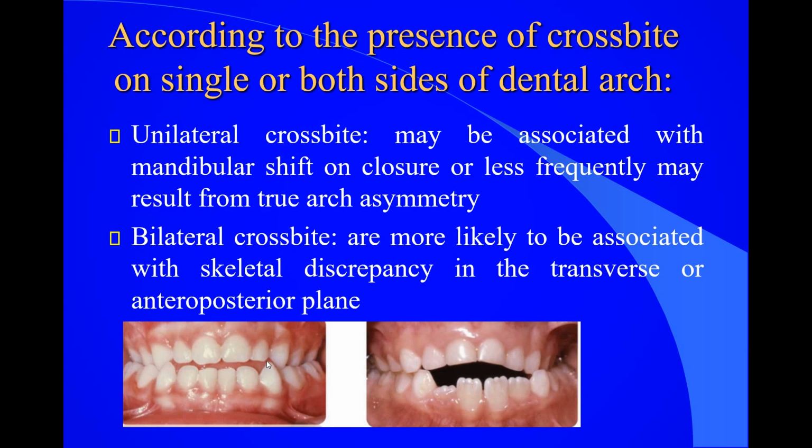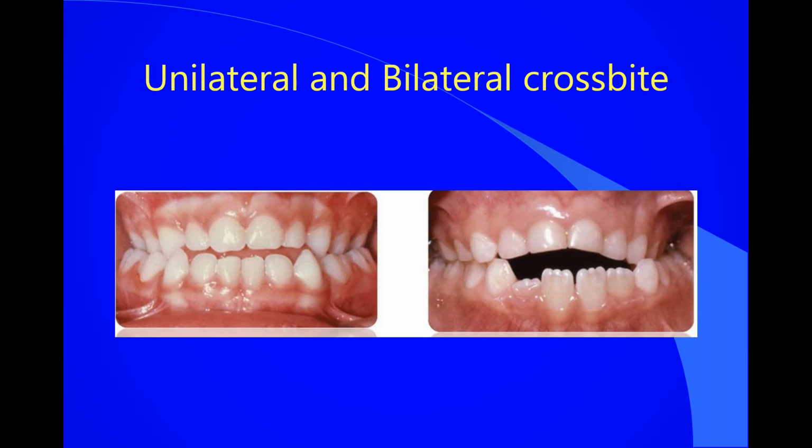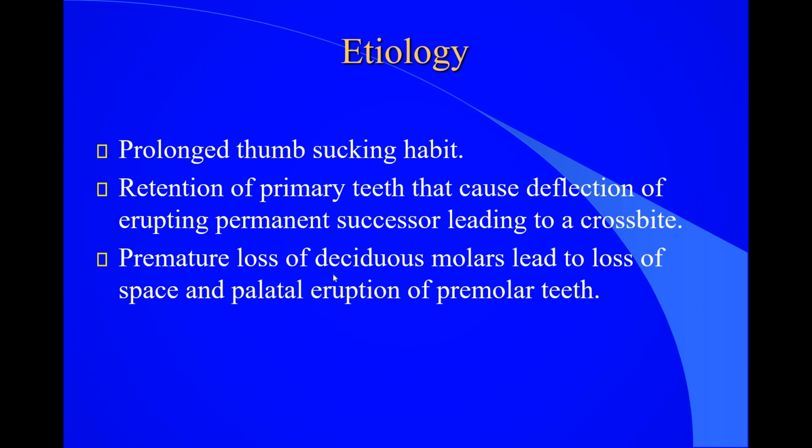Bilateral crossbites are more likely to be associated with skeletal discrepancy in the transverse or anterior-posterior plane, for instance, a narrow upper arch. This is unilateral and bilateral crossbites.